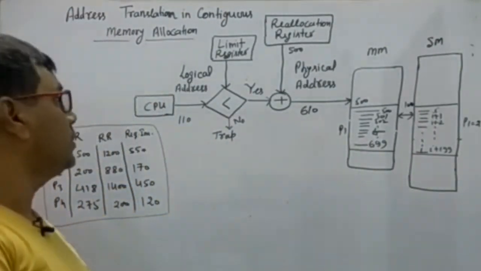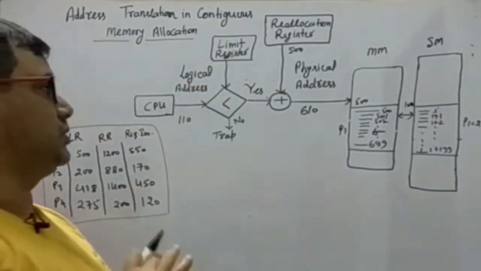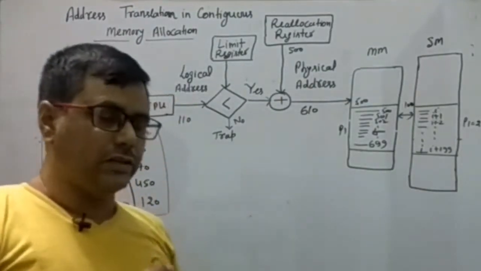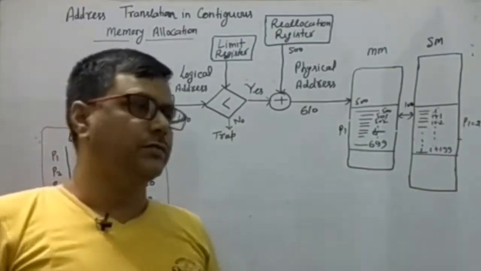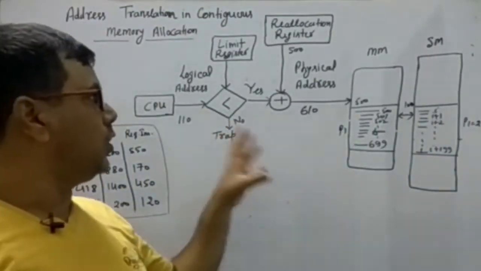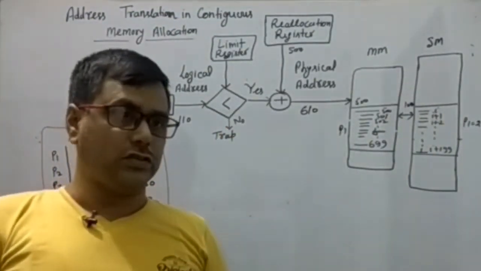Now, what is the role of the limit register? Actually, the limit register is used to prevent intentional or unintentional fraud by a process.